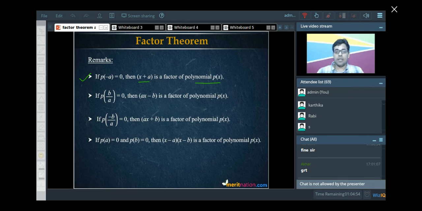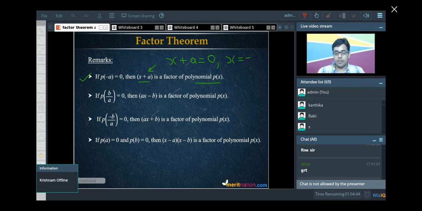It is similar to this: by putting the divisor x plus a as 0 and then finding the value of x, it will become minus a. So we can say p(minus a), the remainder, becomes 0. You can say the factor theorem is just a continuation of the remainder theorem. The remainder becomes 0, therefore p(minus a) would become 0.